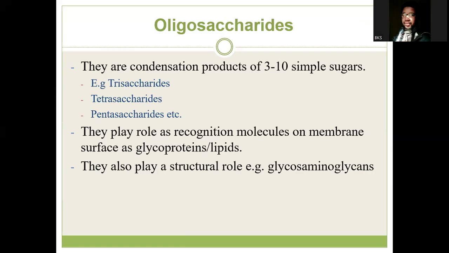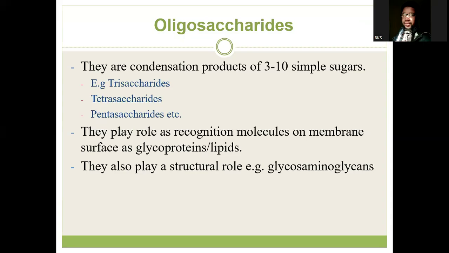They are mostly found in the form of recognition molecules on the surface of the membrane. We mentioned glycoproteins and glycolipids in our previous class. We have seen the structural or the membrane protein or the membrane lipids, where we say carbohydrate can be attached to the protein on the surface of the membrane.